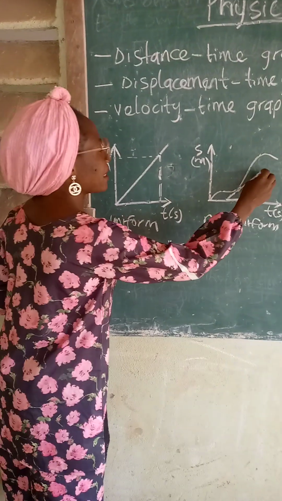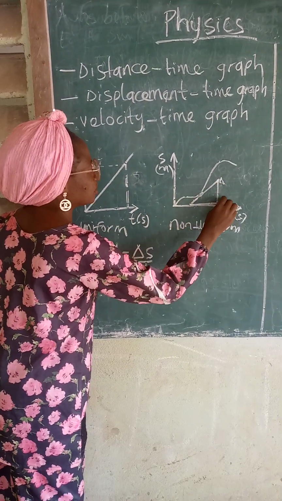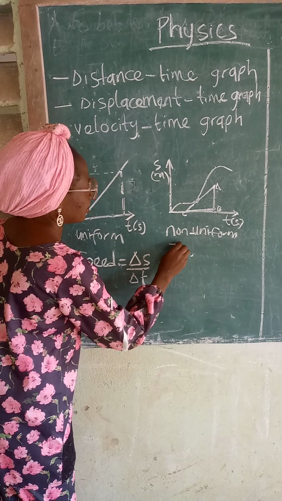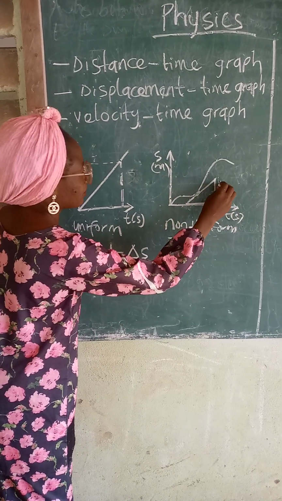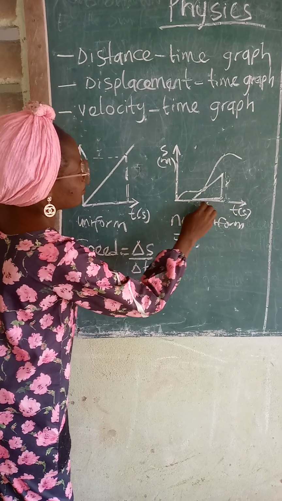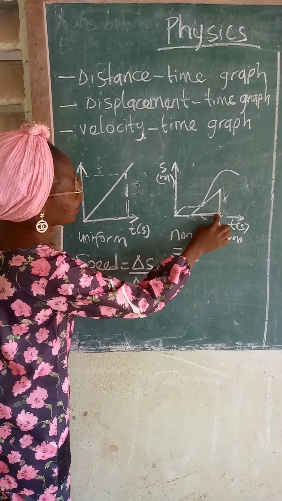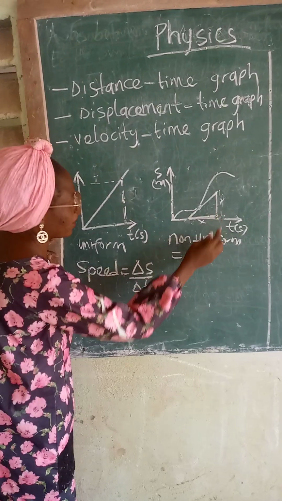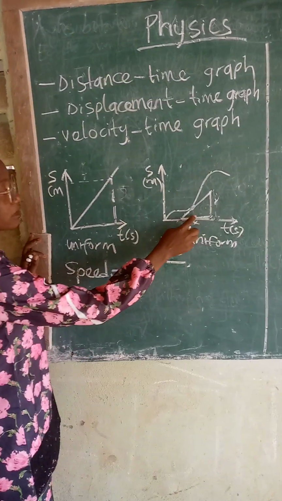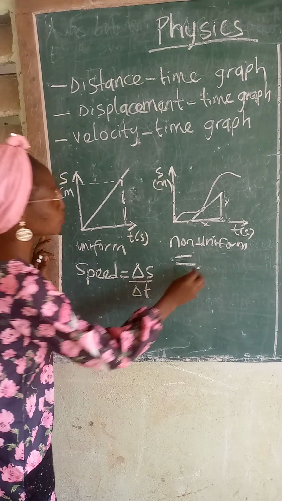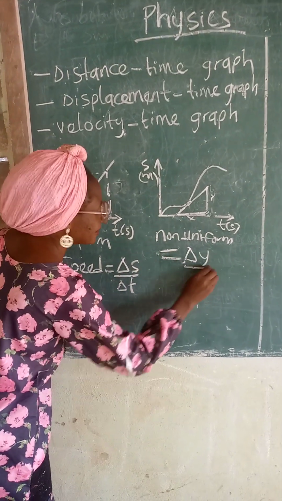Let's label this A, B, C. We can see this change as y, and this change as x. You can simply say the speed for non-linear motion is going to be simply dy/dx.